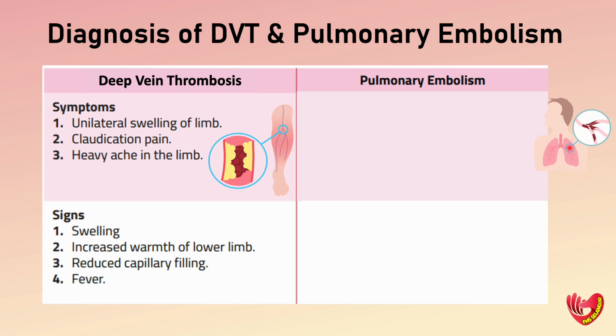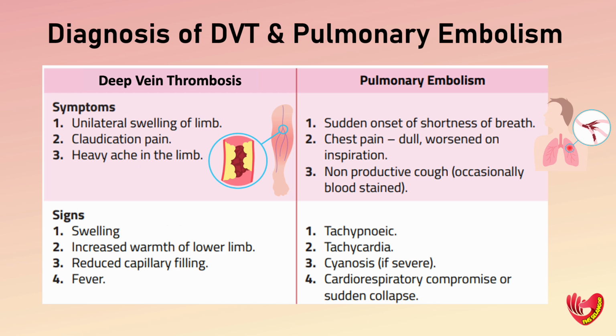On the other hand, patients with pulmonary embolism would typically present with sudden onset of shortness of breath, chest pain which is dull and worsens on inspiration, and also non-productive cough which is occasionally blood-stained. On examination, they would appear tachypneic, tachycardic, cyanosed, and in the worst-case scenario, they will have cardiorespiratory compromise or sudden collapse.